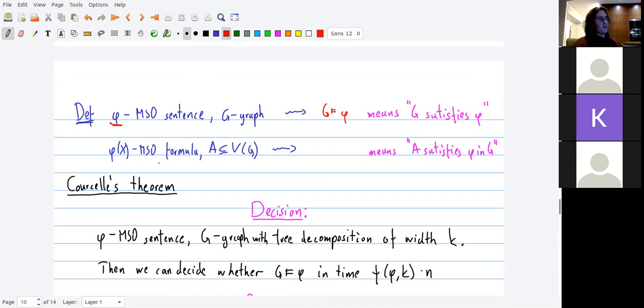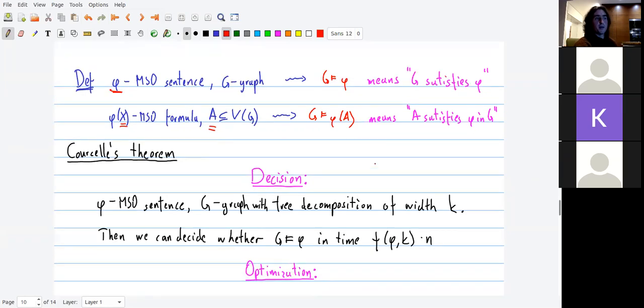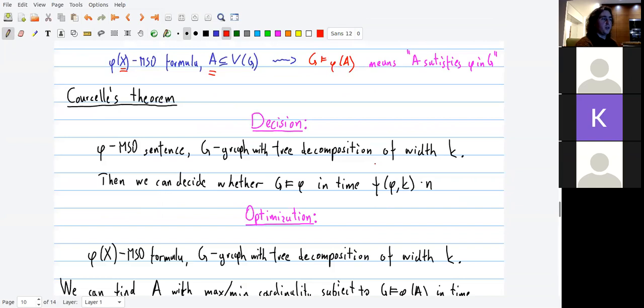And if I have, for instance, a formula with one monadic variable, monadic meaning a set variable, say a subset of vertices, I can write that in my graph the formula is satisfied on A. So for instance, I could write that A is independent in G.